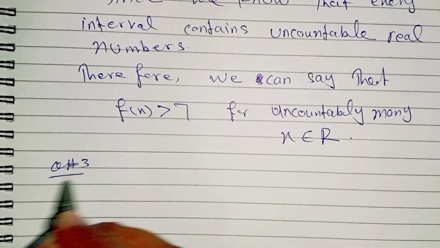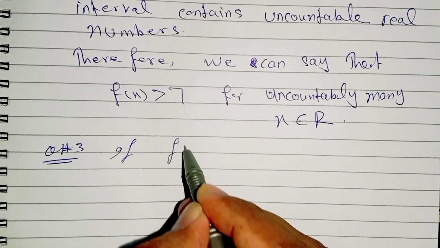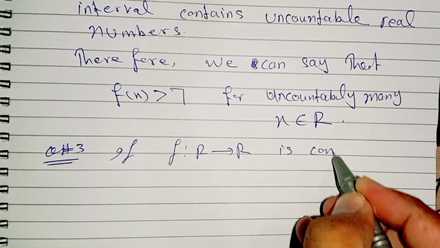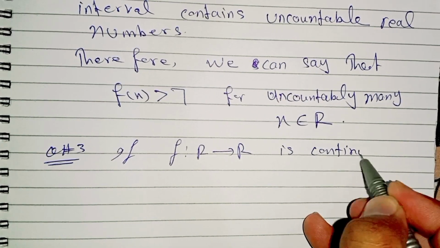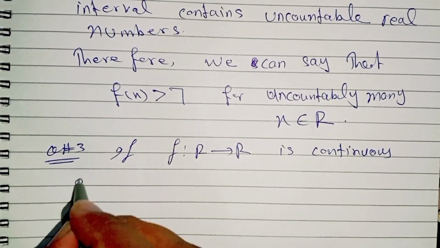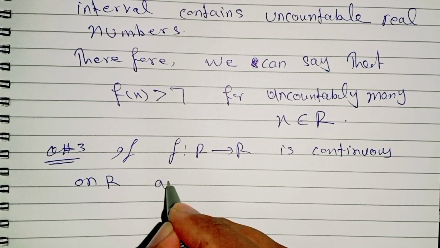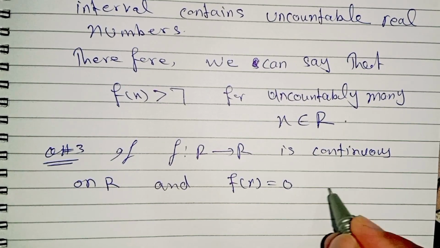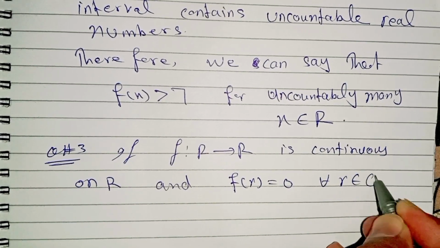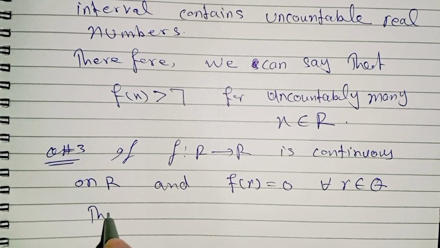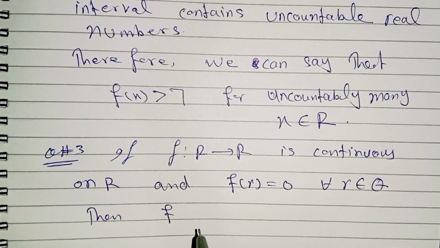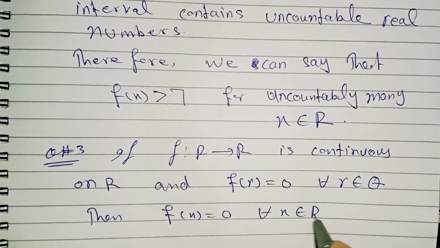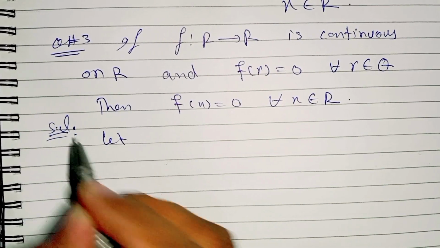Question number 3. If f is a function from R to R, continuous on R, and f(r) is equal to 0 for all r belongs to Q, then f(x) is equal to 0 for all x belongs to R. Now start the solution.